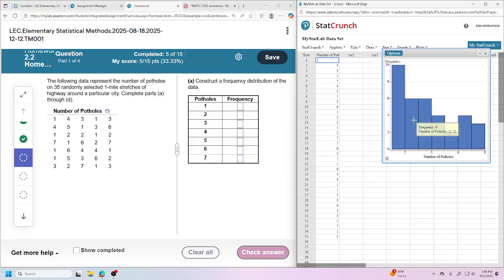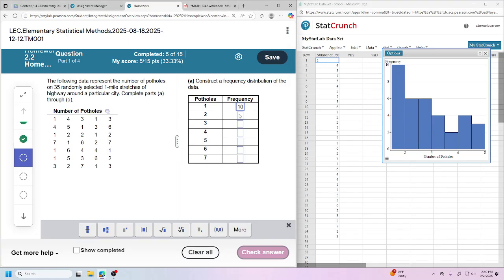So that was 10, 6, 6, 4. You feeling me here? I mean, you can just look at where the bar ends. You don't even have to hover on top of it if you don't want to. Oh, sorry, that was a 6. My bad. 6, 6, 4. Then we got a 2, 4, 3.